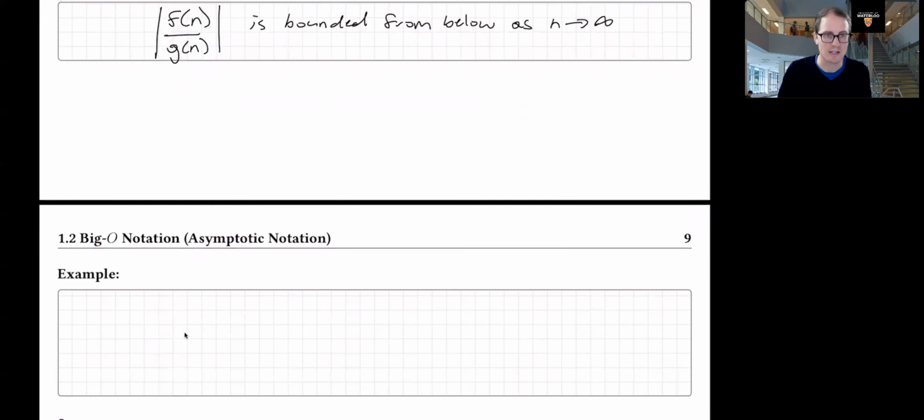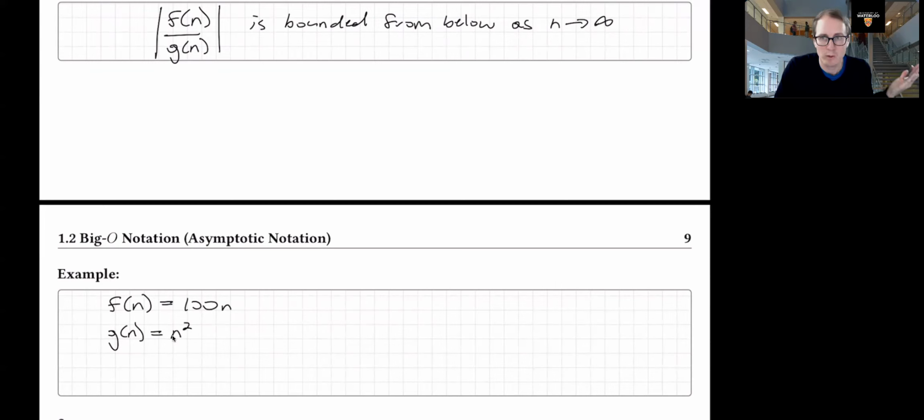So just as a simple example, let's say f of n is 100n and g of n is n squared. Then as n becomes big, g starts to beat out f, right? In particular, when n gets bigger than 100, this one will always be 100 times n.